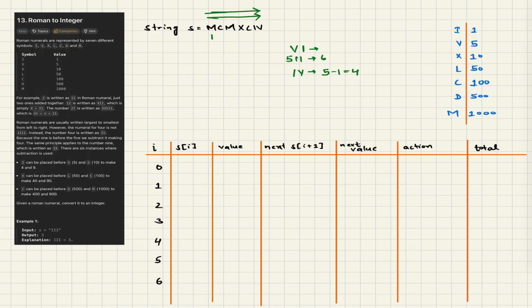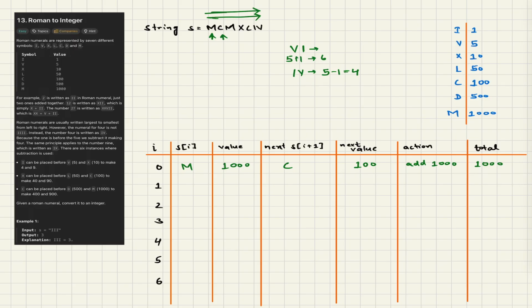Let's say i equals 0. My s of i is M, the value of M is 1000, and the next symbol is C, whose value is 100. Is 100 smaller than 1000? Yes, it is, so we just add 1000. For now my total is 1000.